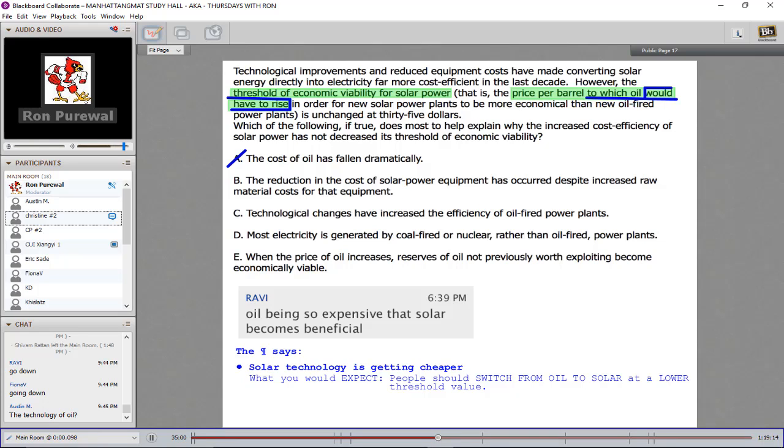But remember that the oil-fired technology is not free. The only thing that could make this not happen, this would actually be inevitable if it weren't for the technology prices themselves. The only way this won't happen is if the technology of the oil-driven processes has also gotten cheaper.